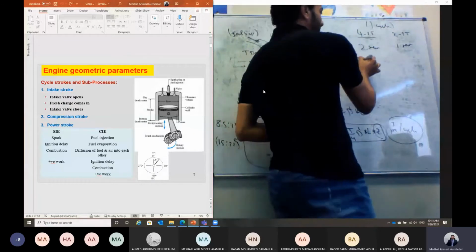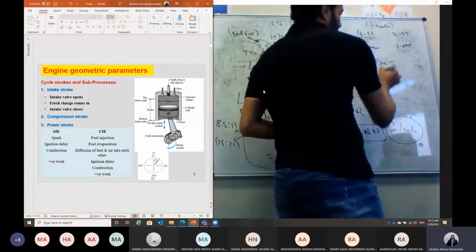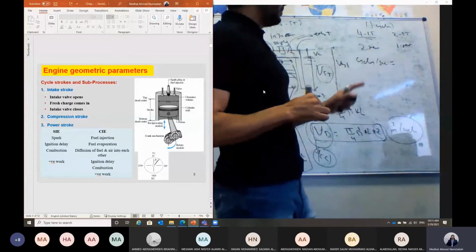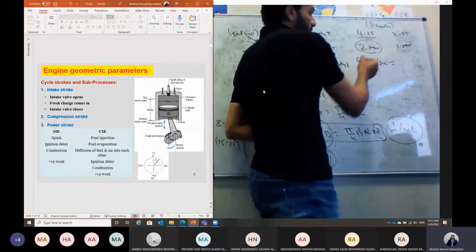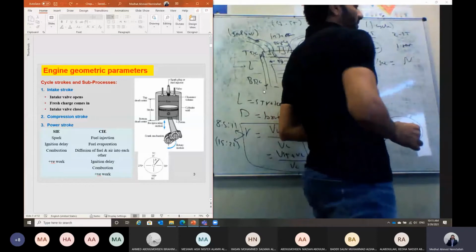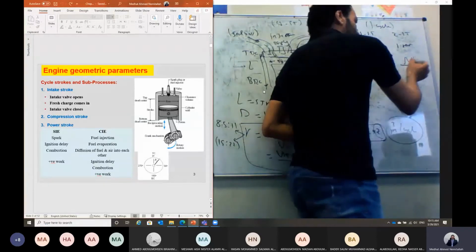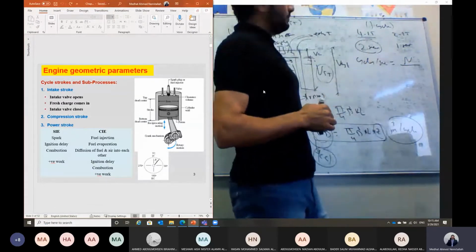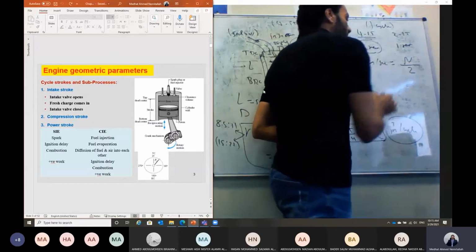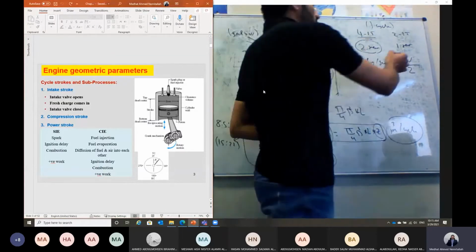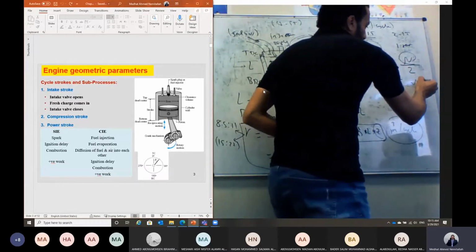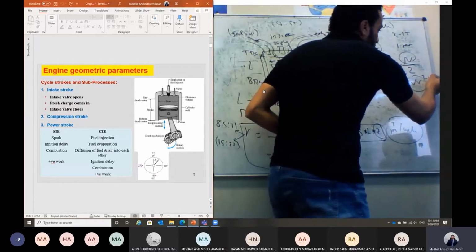That means the number of cycles per second should equal the number of revolutions per second, RPS, divided by 2. This is in case of a 4-stroke engine.